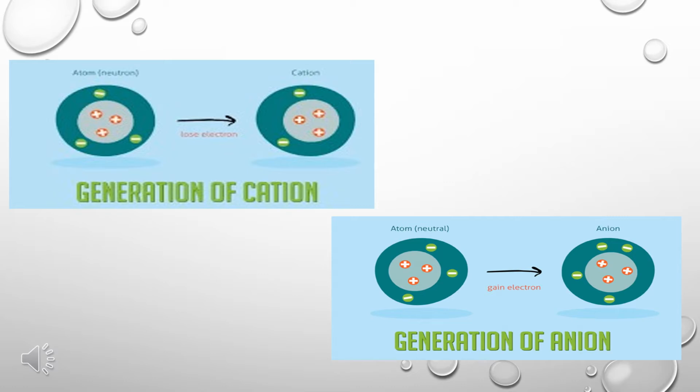In these figures, the cation and anion formation has been given. Now, in cation formation, you can see that the number of protons in this atom is 3, as well as the number of electrons. The neutral atom has 3 protons in its nucleus and 3 electrons in its orbit.